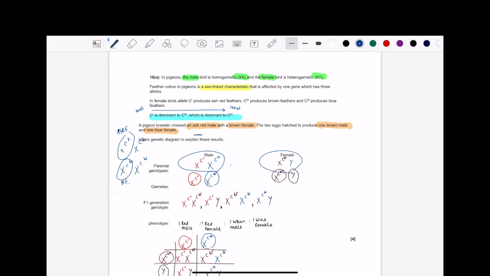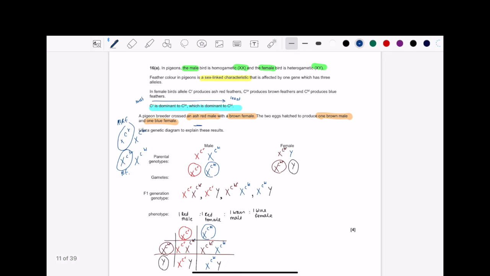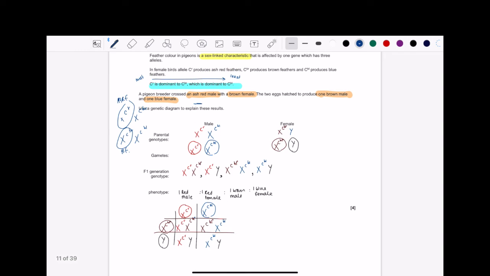Then it says gametes. Remember, whenever you write your gametes, circle them. Gametes basically mean to separate them out, as I've done there. Then it says F1 generation genotype. If you've watched the second video of this playlist, Patterns of Inheritance, remember when the question had a big space between the gametes and the F1 generation genotype, and I said in that space you do the Punnett square.